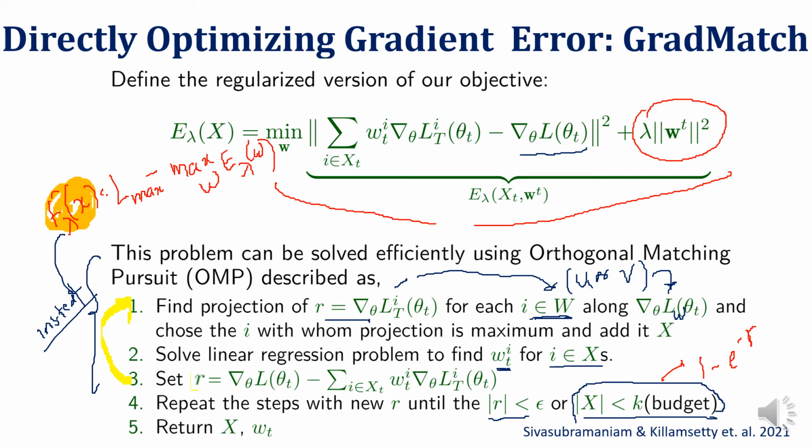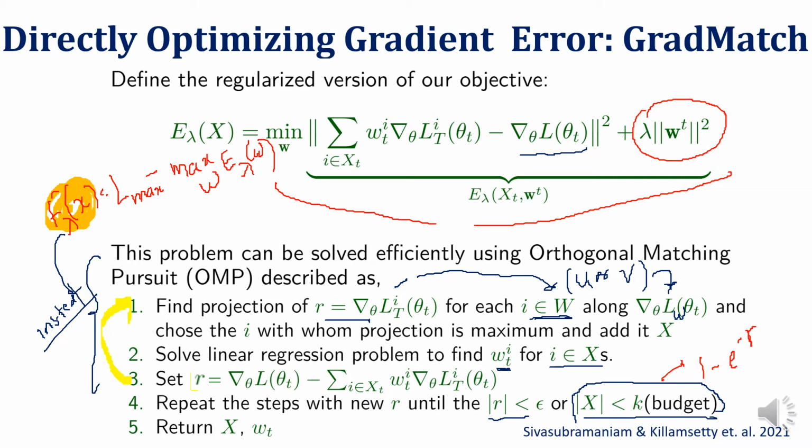You could also run it with a slightly different error constraint, but for the time being let's look at the cardinality constraint, and that basically returns this 1 minus exp minus gamma guarantee. What is the algorithm? Basically you're looking at the error. Initially of course you have not added any element, so you just have the second term, depending on whether you have used W to be the validation set or the training set.